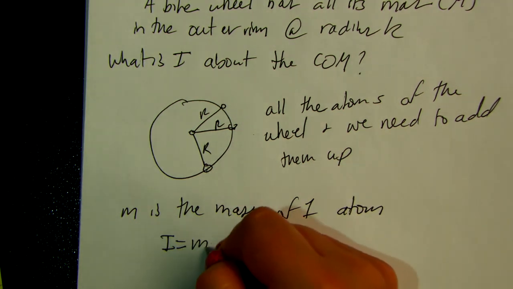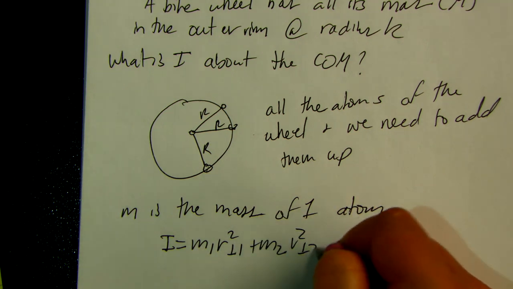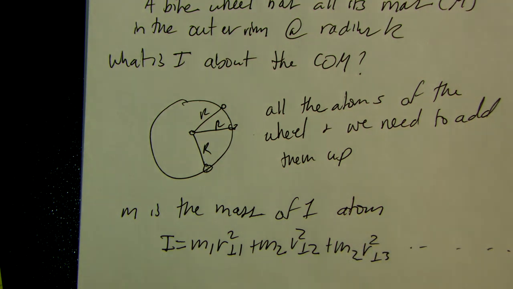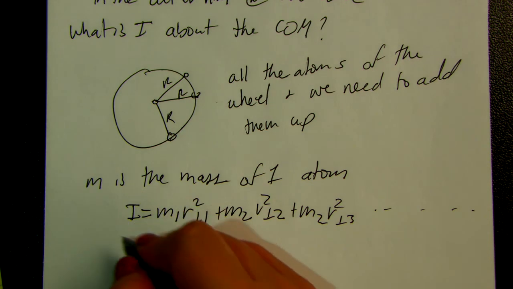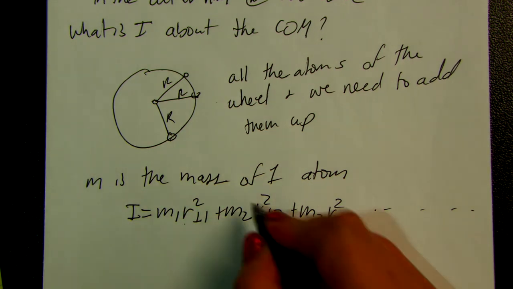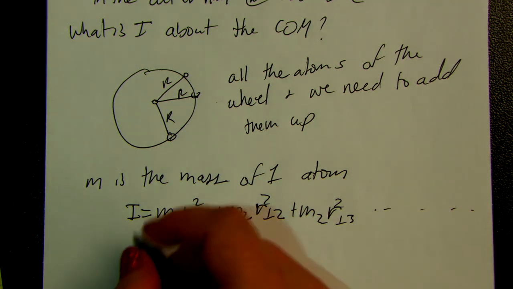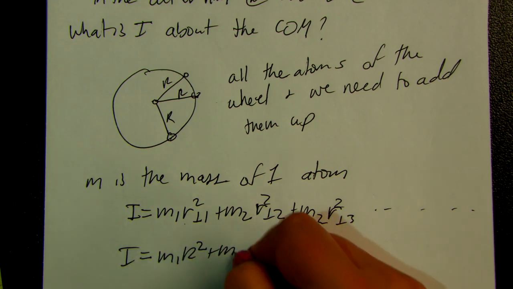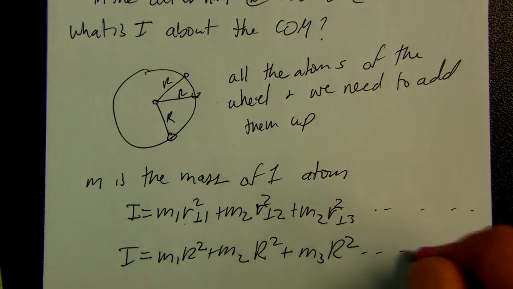I is equal to m1 r perpendicular 1 squared plus m2 r perpendicular 2 squared plus m3 r perpendicular 3 squared, so on and so forth, on to more atoms than I have paper. And then we know that all of these r's are the same. So we could then say that the moment of inertia is equal to m1 r squared plus m2 r squared plus m3 r squared, so on and so forth.